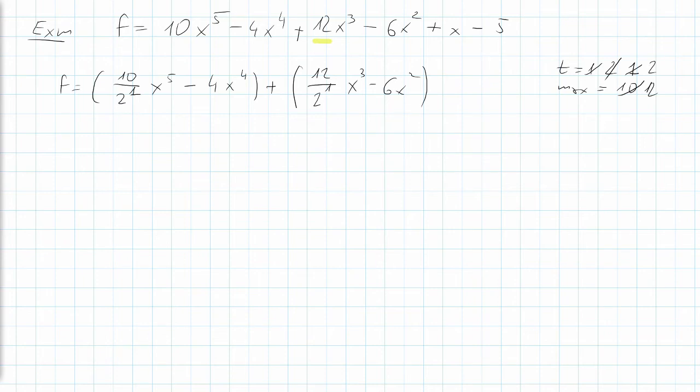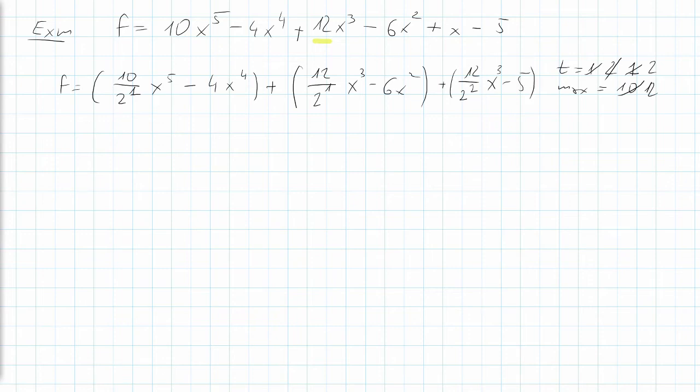So we skip this guy and we get here. And so we have 5. So we write our local maximum is 12. We write another exponent of 2, which is 2 because t is now 2. x^3 minus 5.